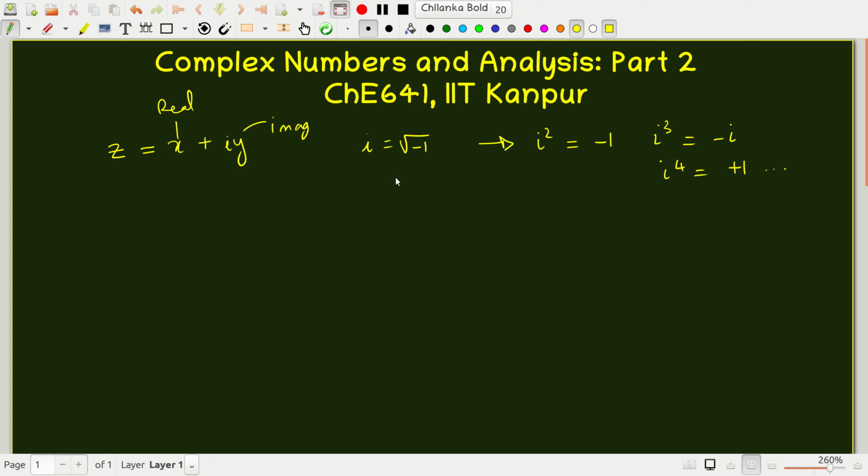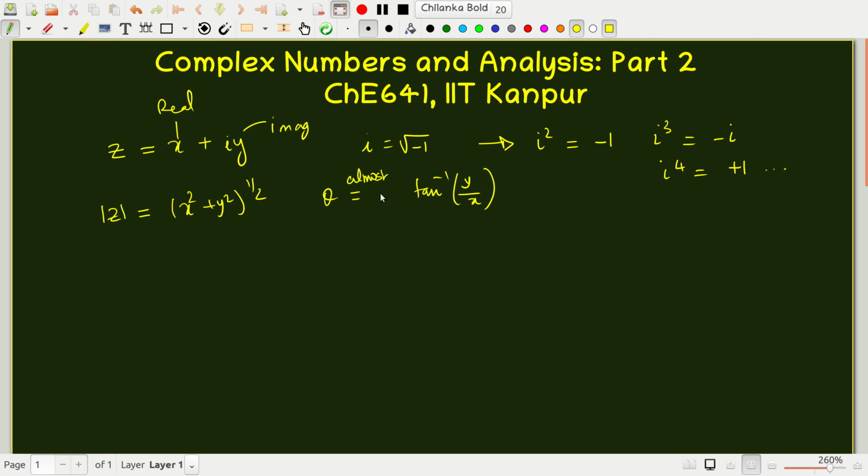Now what I was going to say at the very end of the last module was that you can write, as I told you, that mod z, the amplitude or modulus of a complex number, is x squared plus y squared to the half, and theta is almost tan inverse of y upon x.